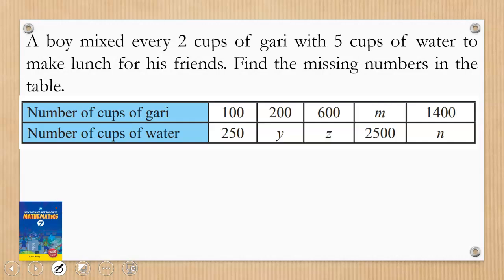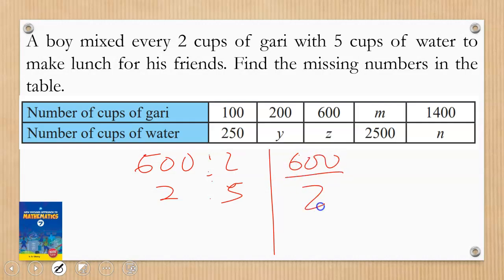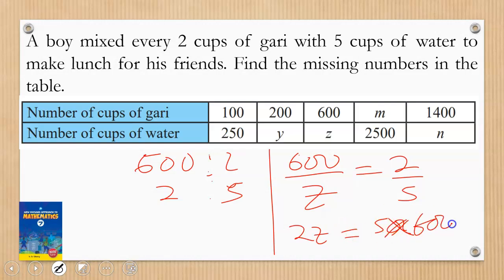So for 600 too, we are going to say that we have 600 is to z as 2 is to 5. Again, if I do the division that we did, 600 divided by z is equal to 2 divided by 5. Again, when you do cross multiplication, we have 2z is equal to 5 times 600.